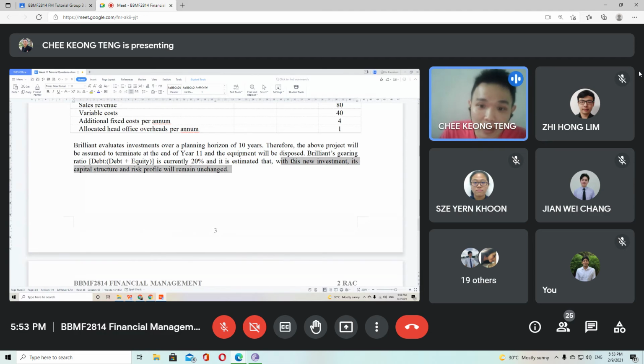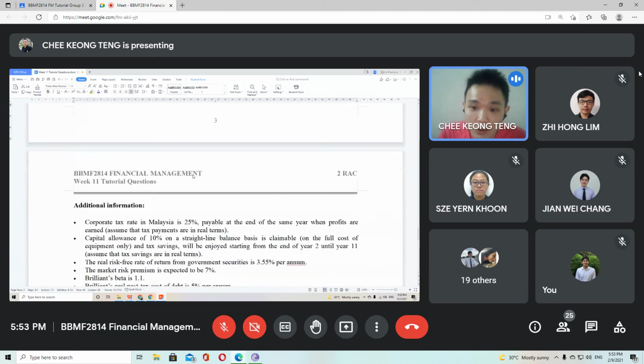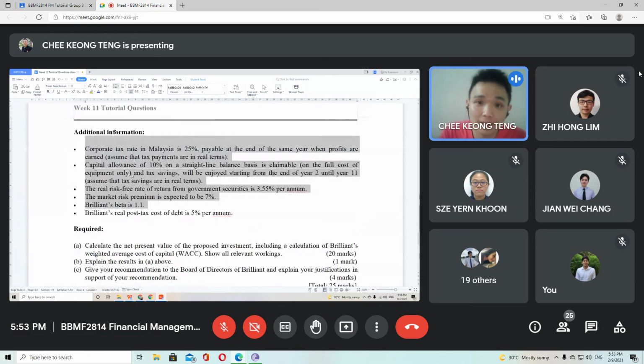With this assumption, we can use back whatever we have calculated for the WACC, which is the existing WACC of this company. Because we assume that after this new investment, business risk remains the same and capital structure remains the same, so we can use back the same WACC.